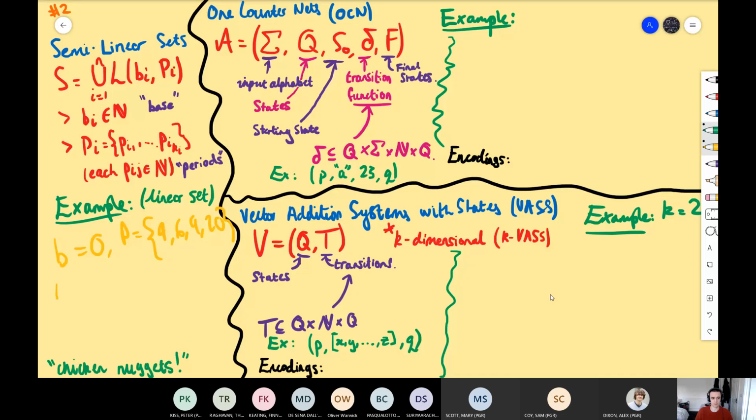The idea is that the linear set L(B, P) is, in this case, all of the chicken nugget combinations you can buy, right? You can buy a group of 4, you could buy a group of 6, you can buy a group of 8, because you can buy 2 groups of 4, you can buy a 9 outright, you can buy a 10 by buying a 4 and a 6. You can't make 11, you can make 12 in a number of ways. You get the idea. And this is the chicken nugget problem.